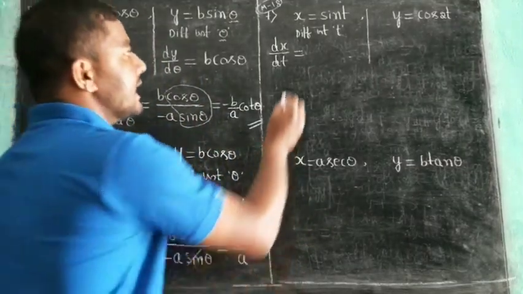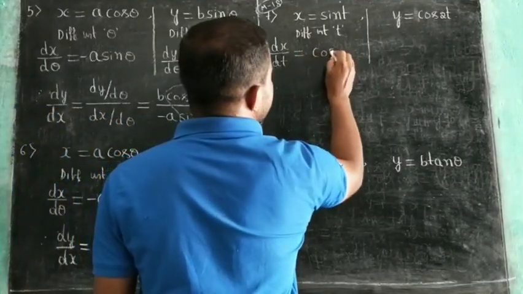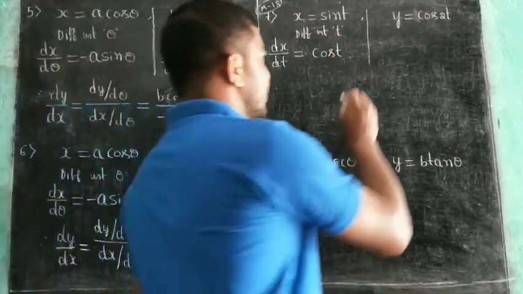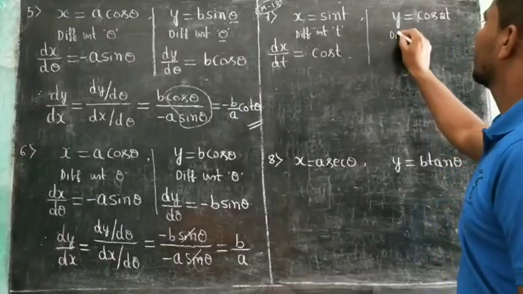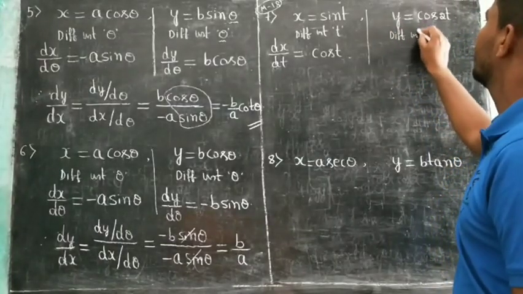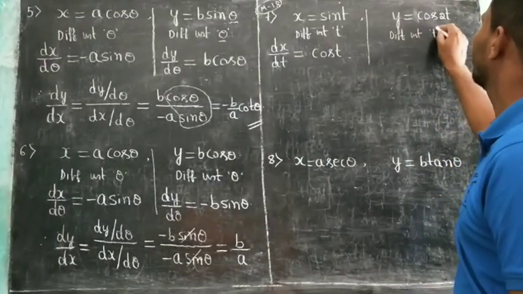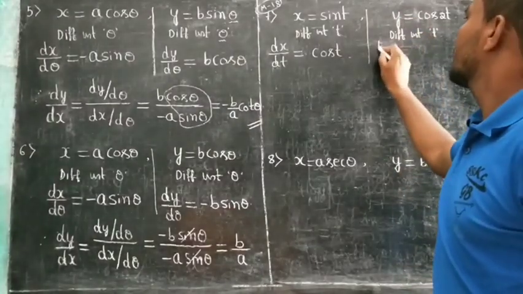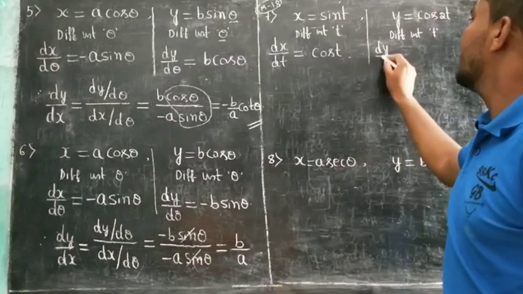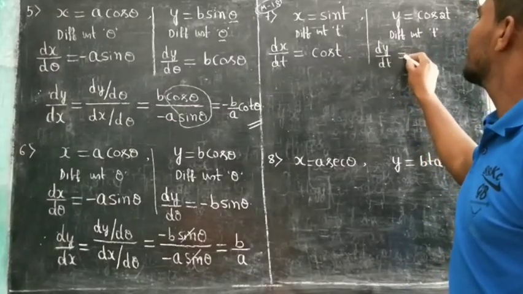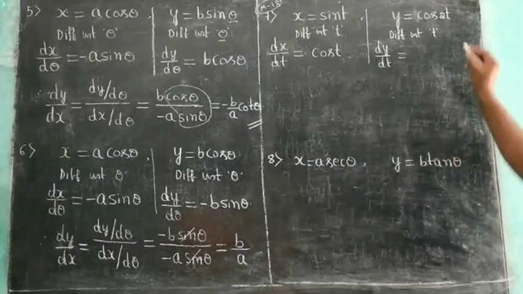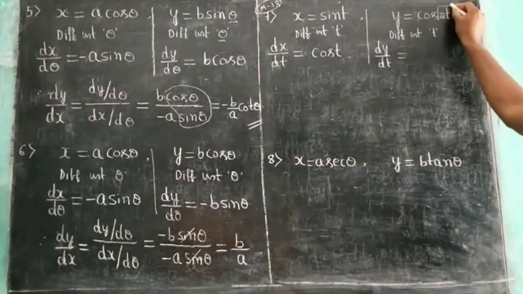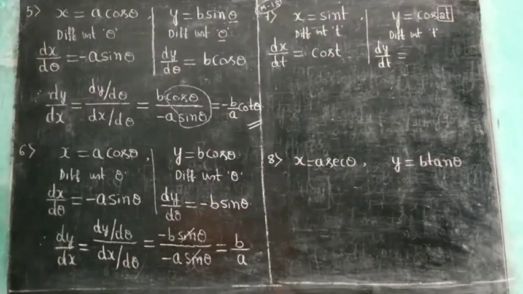the derivative of sin t with respect to t is nothing but cos t, and then next differentiate with respect to t. The derivative of y with respect to t is dy divided by dt is equal to, here cos 2t is there, so apply the chain rule.